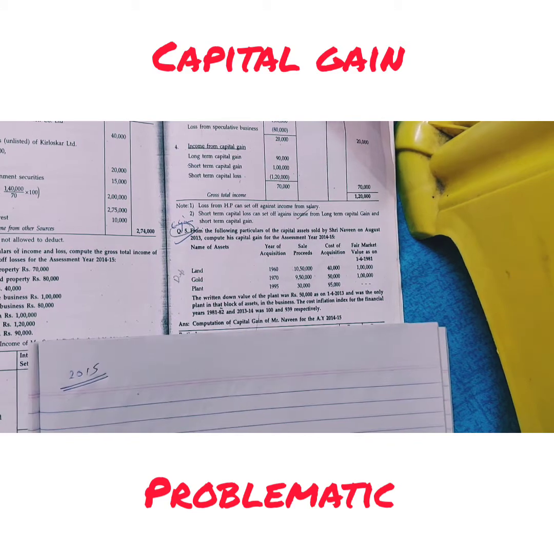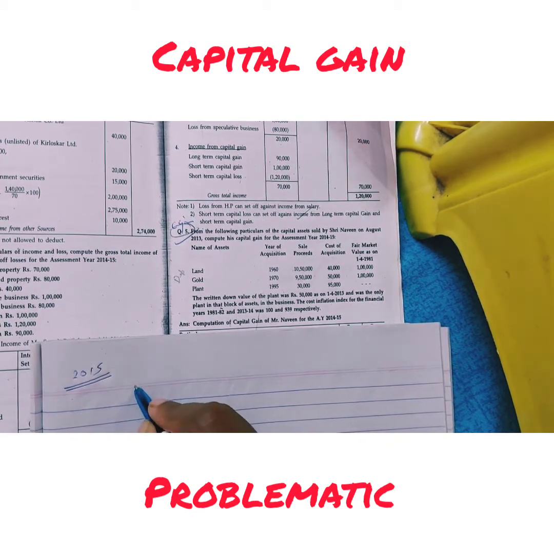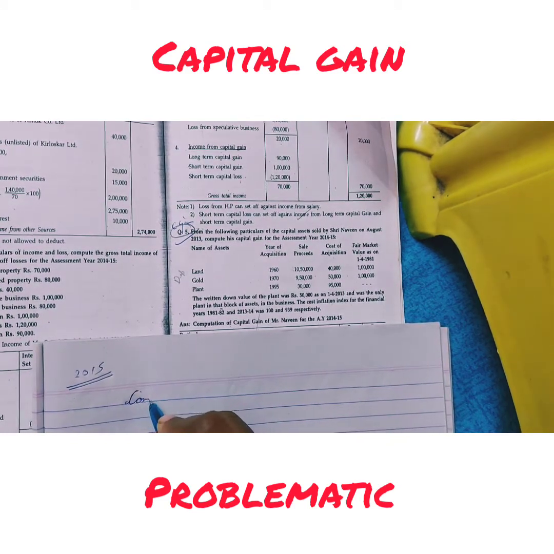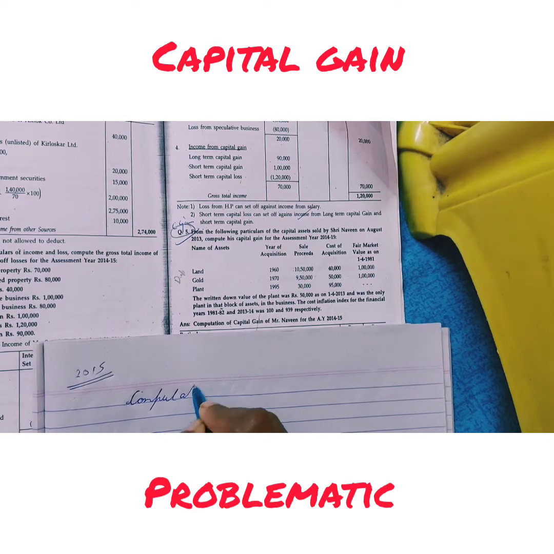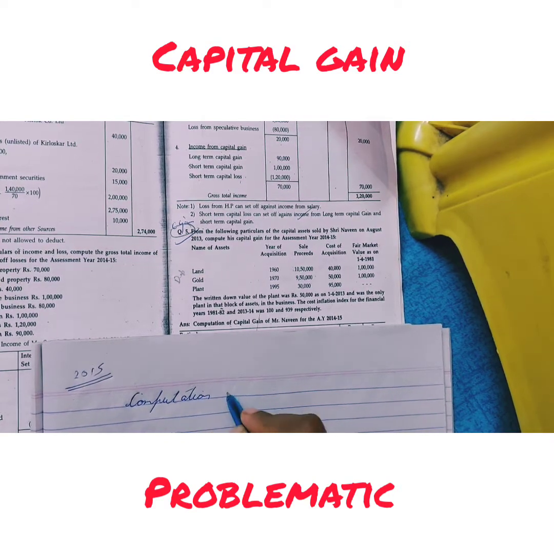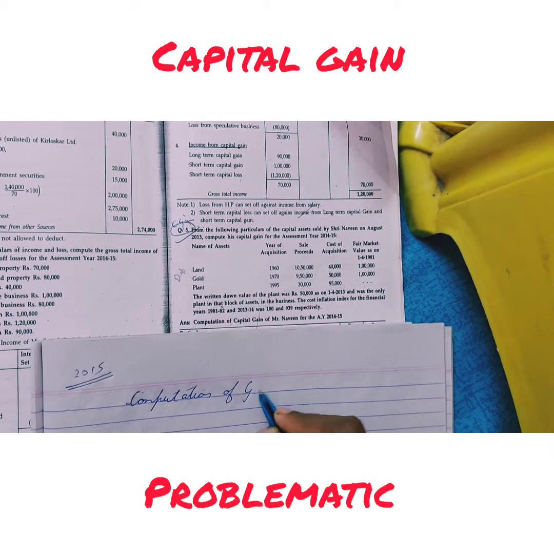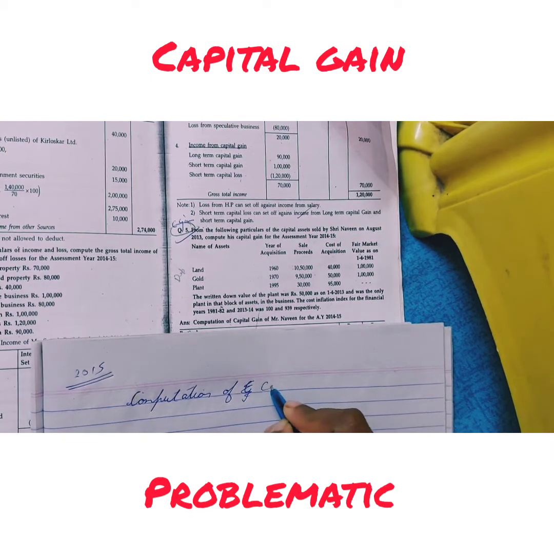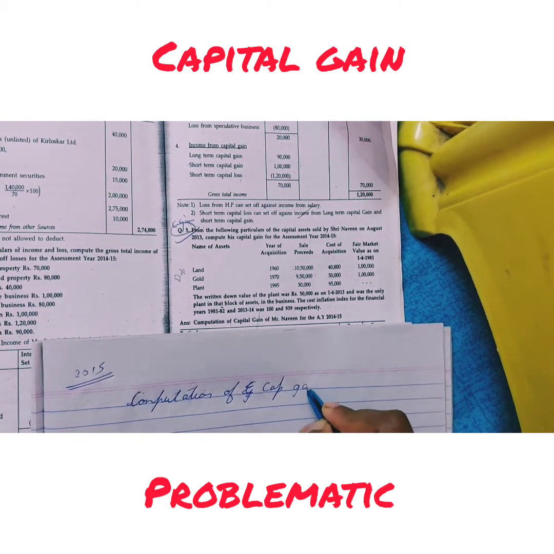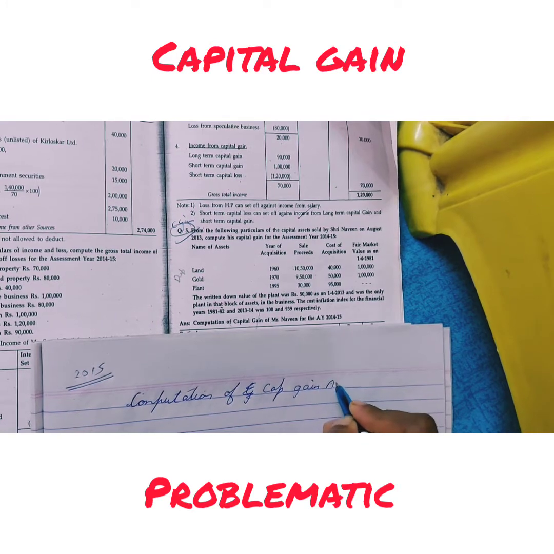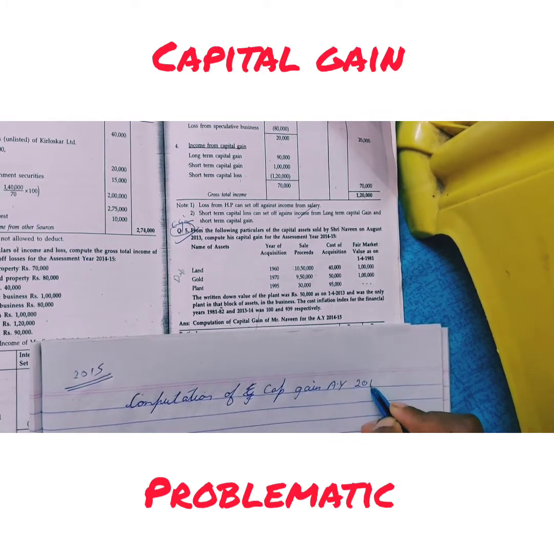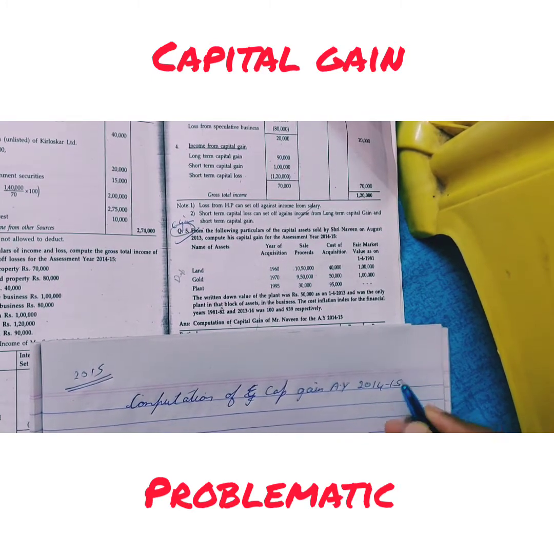So just write the title, computation of capital gain. Write down the assessment year, it is 2014-15.